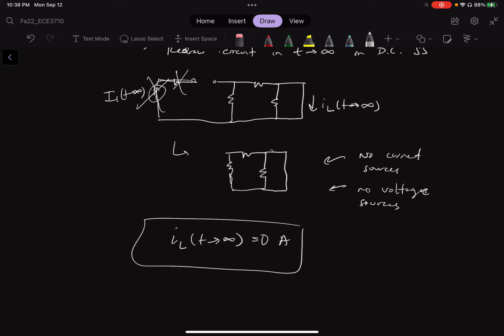Imagine you have 3 resistors like this, and imagine you have a wire here. You could say, let's remove this resistor. Okay, fine. But still, there's no current source, there's no voltage source. Current is not going to just be generated out of nowhere. You don't have anything connected to the circuit. So there's no current. The current of the inductor, as time approaches infinity, is equal to 0.